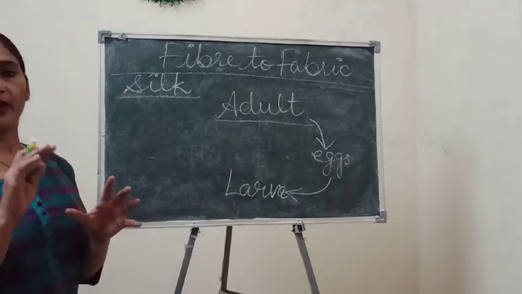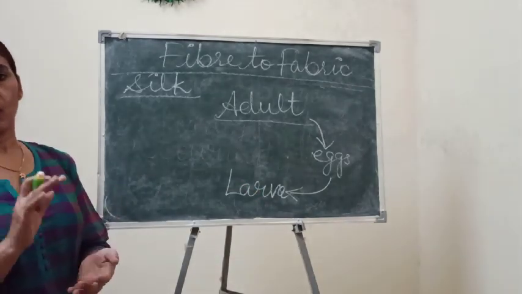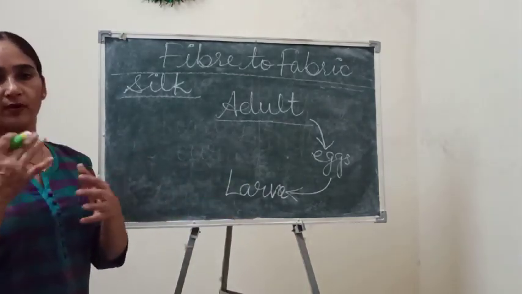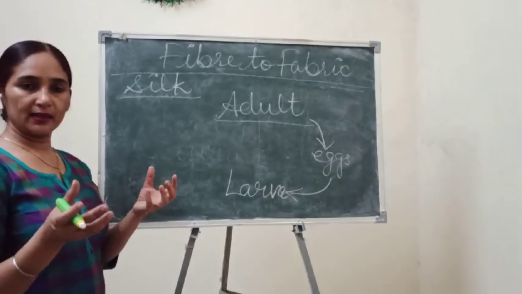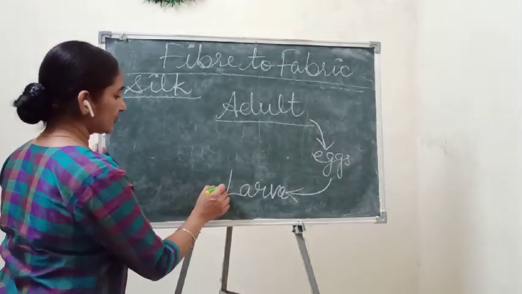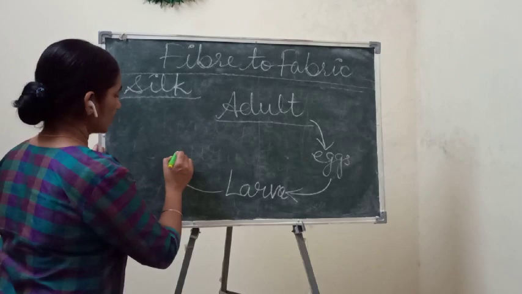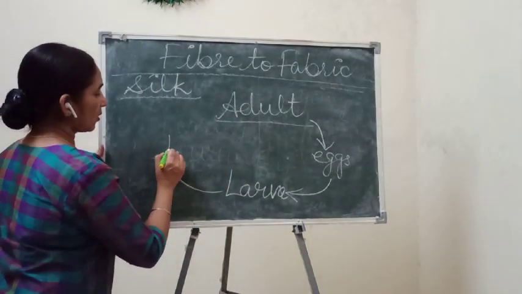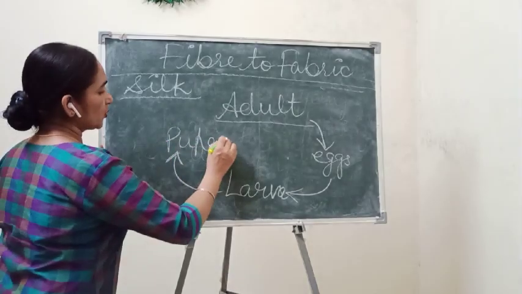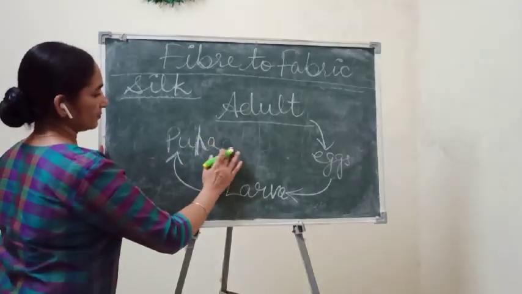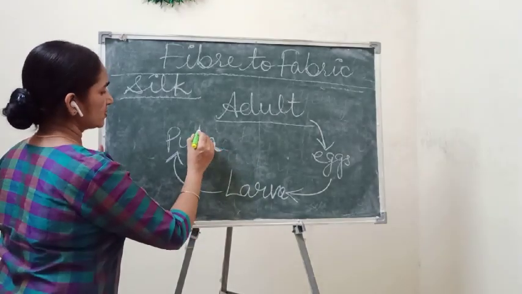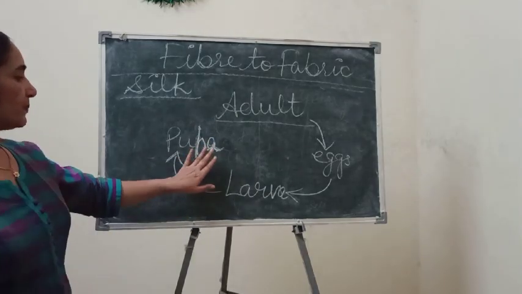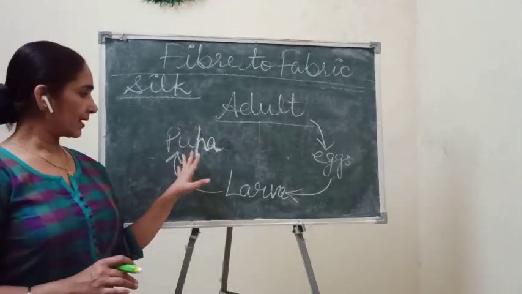This larva feeds for many days on the mulberry leaves, and it consumes so many mulberry leaves as food. After that it converts into the third stage, which is called pupa or pupae. Any word you can use, singular or plural. Okay, so pupa is the third stage.